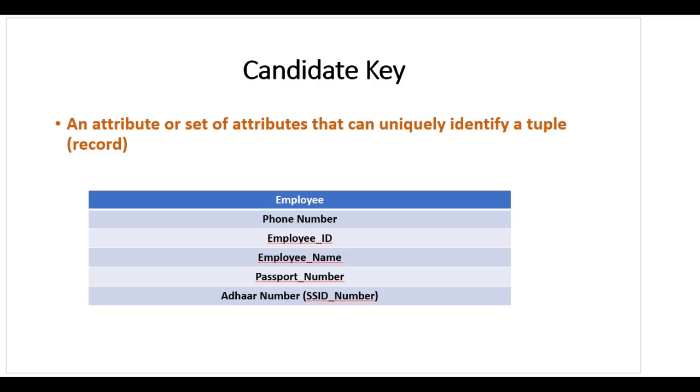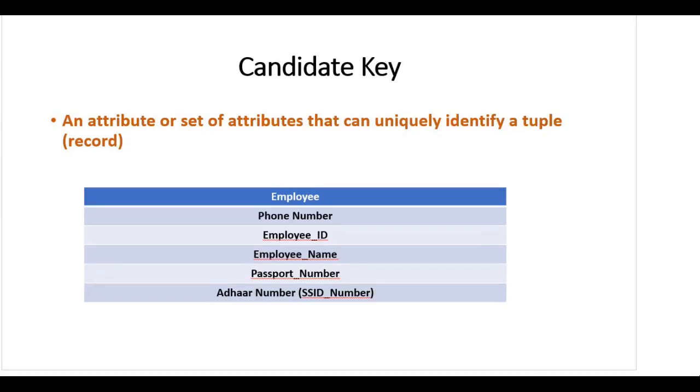Any attribute left over that doesn't become the primary key is basically a candidate key. So except for the primary key, the remaining attributes are considered candidate keys. Here the phone number can become a candidate key, and the passport number and Aadhaar number can become candidate keys for us.